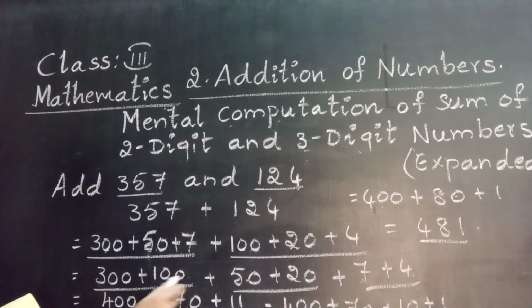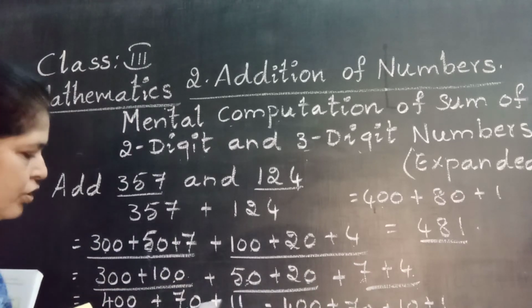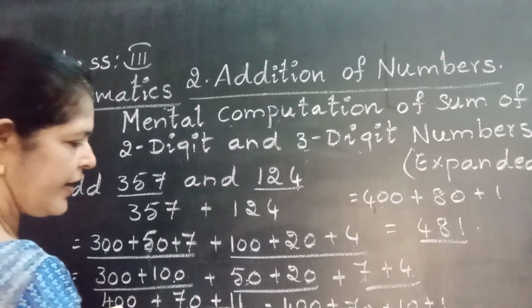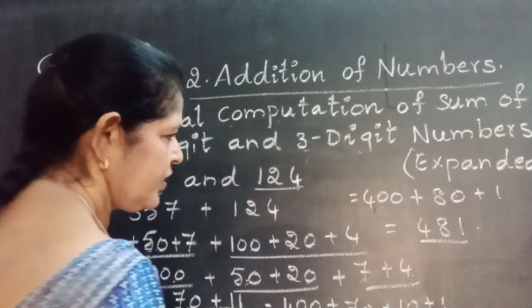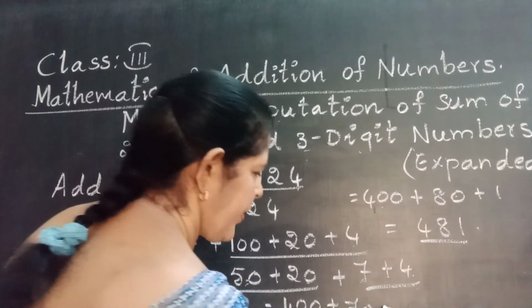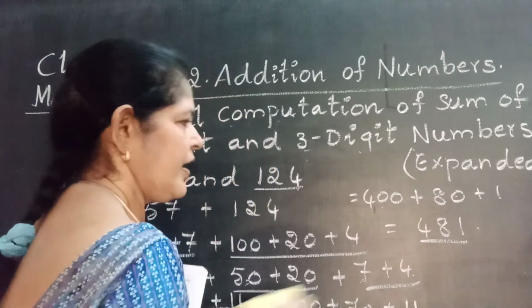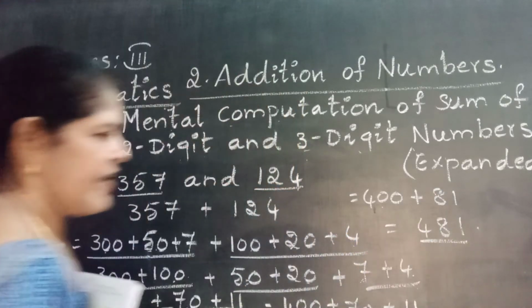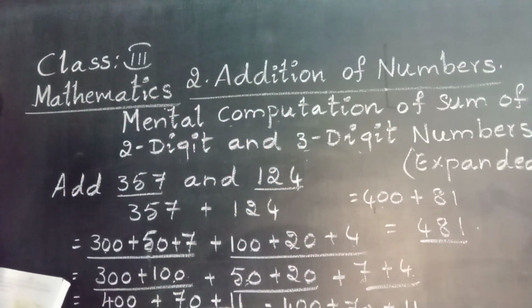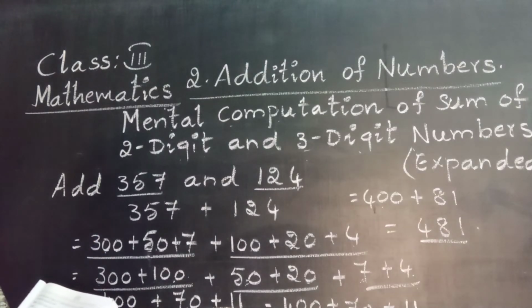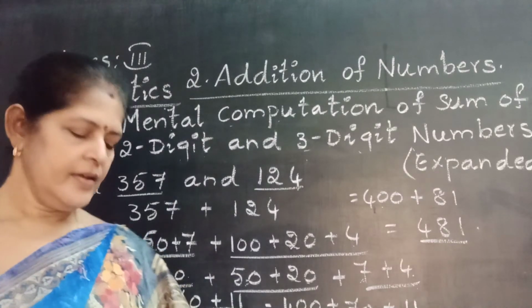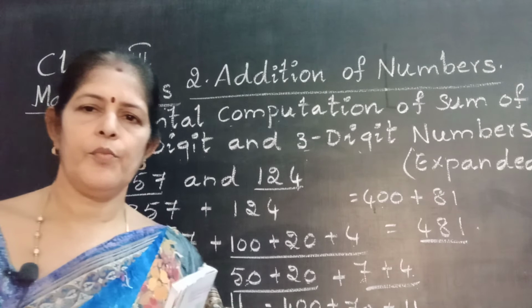Here hundreds goes to 400, tens goes to 70, ones goes to 11. 400 plus 70, you can write directly, no problem. 70 plus 11 goes to 81. 400 plus 81, 481. Understood? Okay? Next, can I give you one more example?